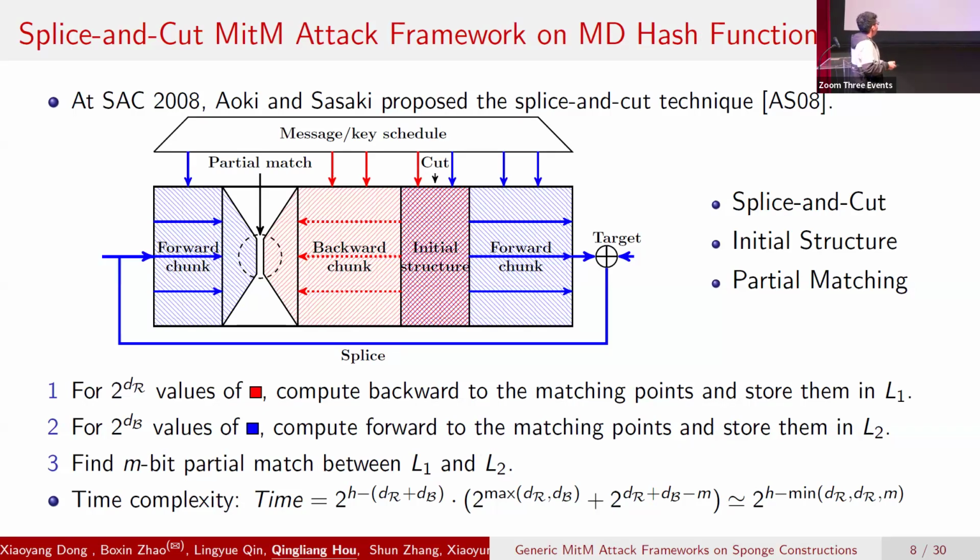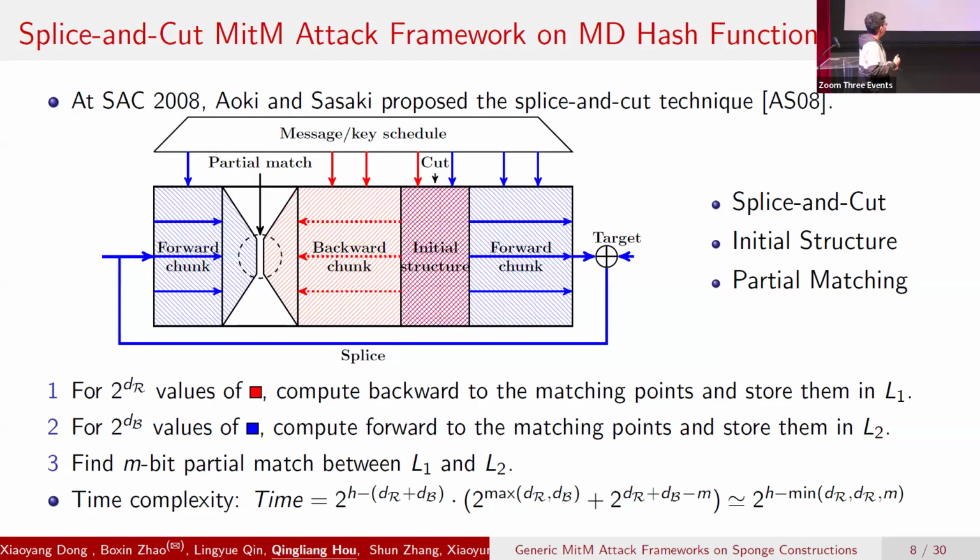Then the splice-and-cut attack framework can be deployed to cut the whole computation path into 2 independent chunks at certain internal rounds, which is called the initial structure.